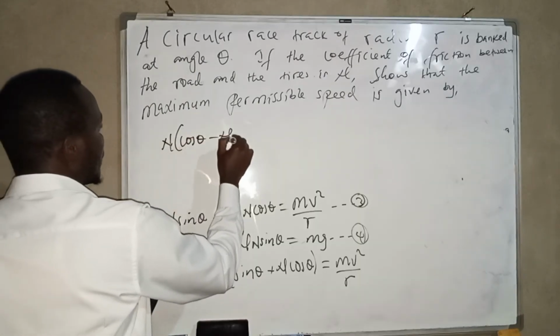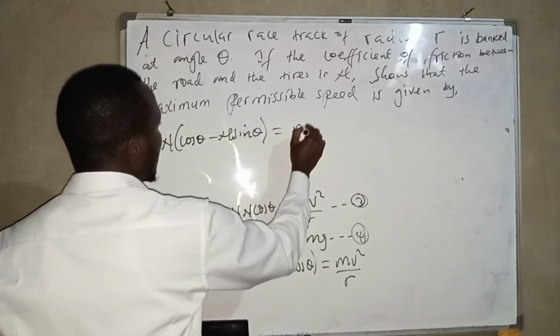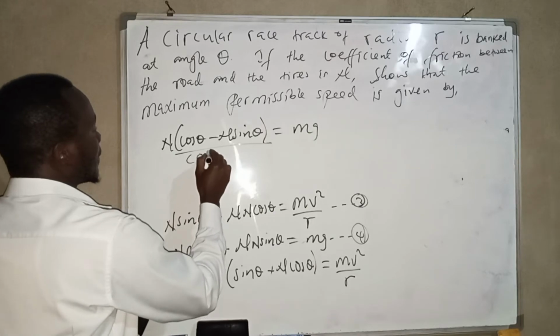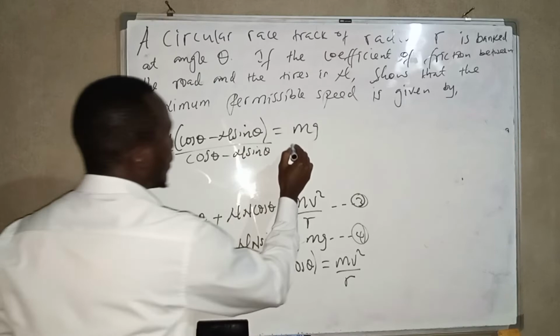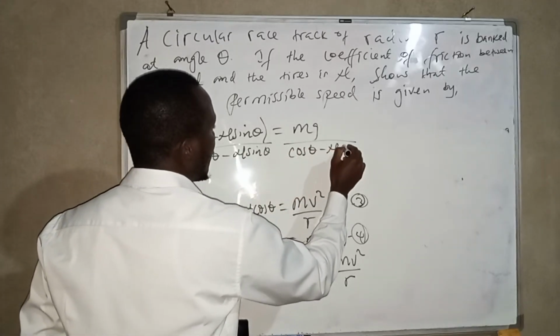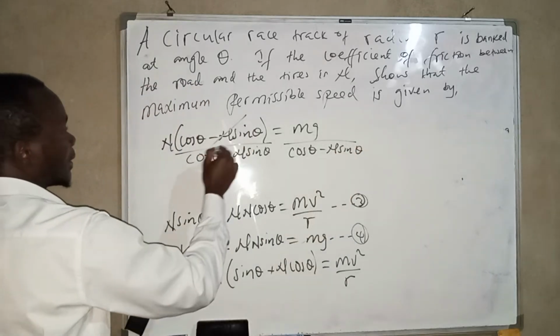Cos theta minus mu sin theta. This is mg. So dividing through by cos theta minus mu sin theta, this and this will go.